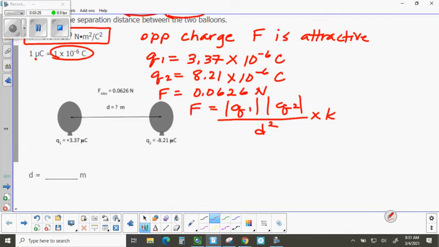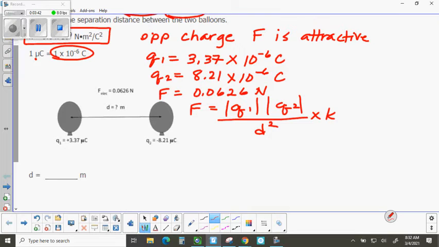Now the reason I put absolute value signs around here again is because we're only interested in the magnitude of the charge when we're doing the math. We're not interested in the direction or the sign of the force.